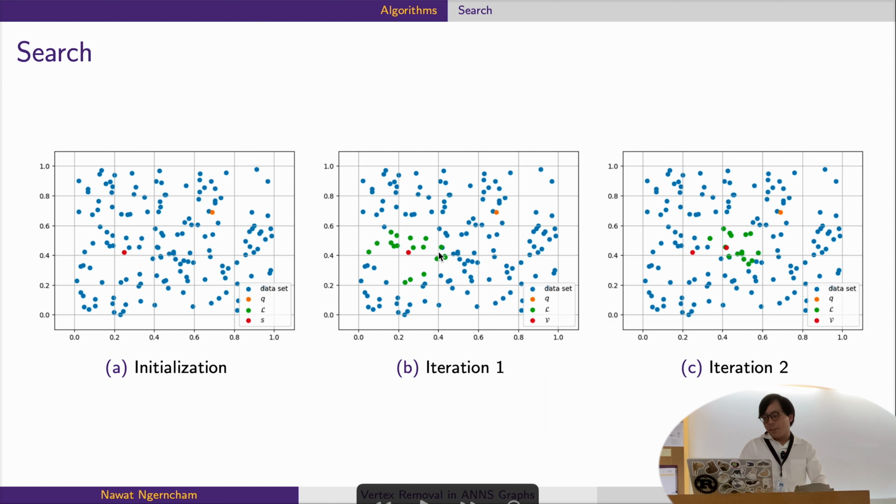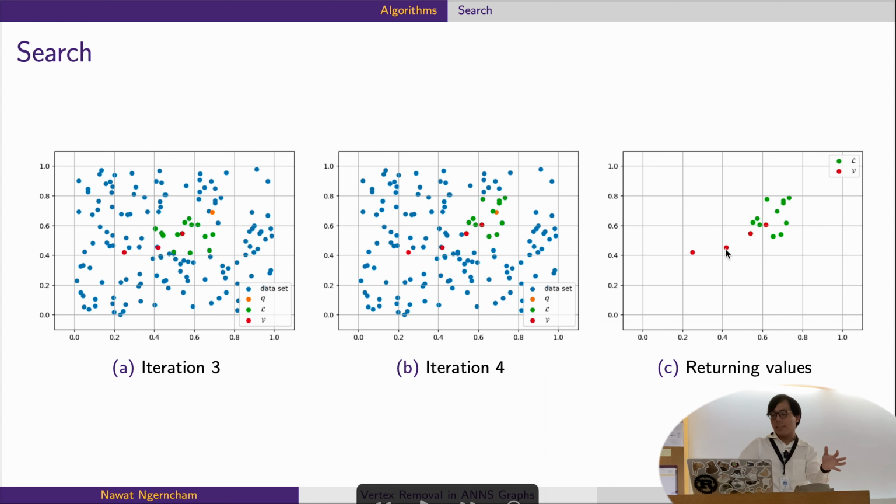And then you find the closest point, which is this one, and then you repeat that process until eventually you can't really get any closer to your query point. And then eventually this is what you return. So you return the closest nearest neighbors, which is in green, and then the path that you took from the starting point to the nearest neighbor, which is in red here.